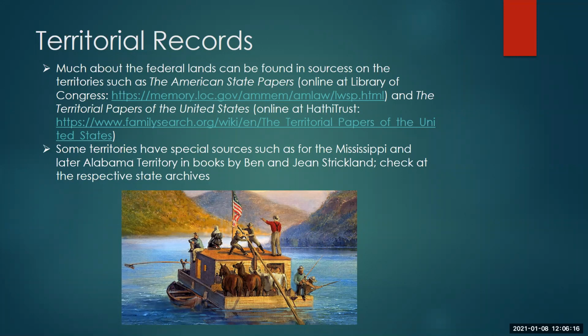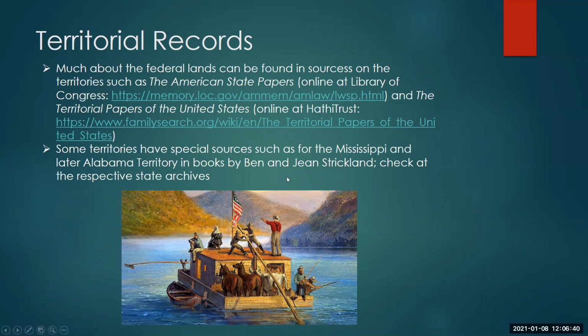Now, both of these publications are also in printed books at major libraries, and you can use the original book if you want to, instead of doing an electronic word search over the internet. But both of them are fabulous sources for information, and you never know what kind of great stuff you might turn up on your family in them.